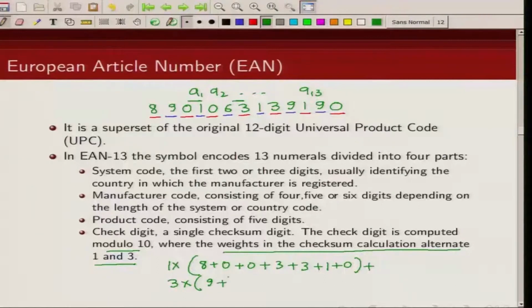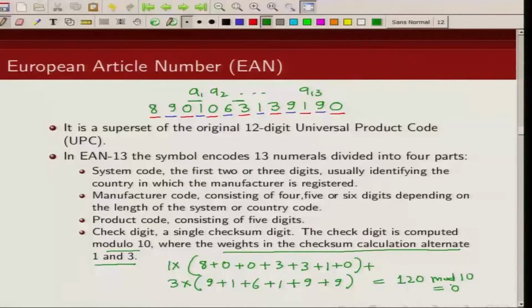That is 9 plus 1 plus 6 plus 1 plus 9 plus 9, and this comes out to be 120, and 120 mod 10 is 0. So you can see that the checksum bit is correct.